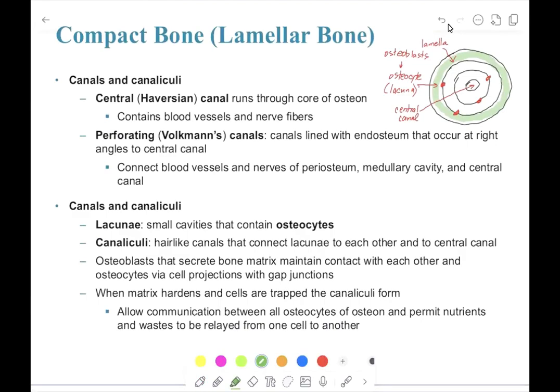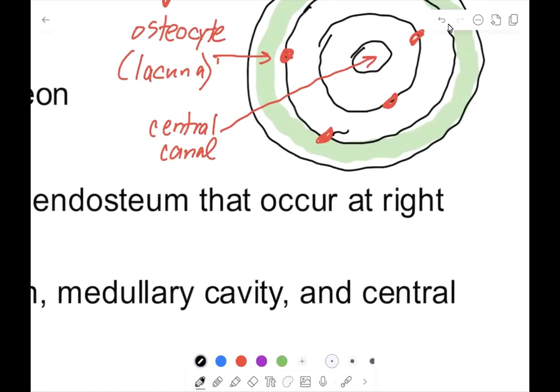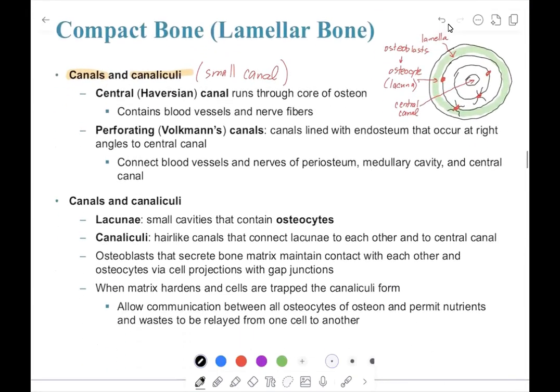So the canals, there are canals, large ones, and then small canals called canaliculi. And these canaliculi are extensions essentially from the osteocyte. So what we would see if we zoom back in on this, these little extensions at the microscopic level, almost looks like the arms of a spider. Those are going to be the canaliculi. So we've seen the central or the haversian canal.